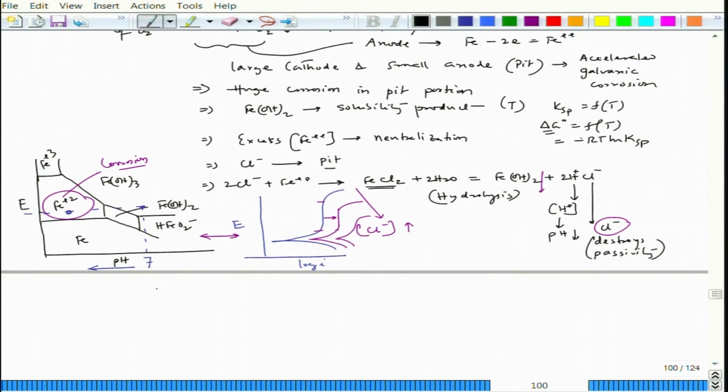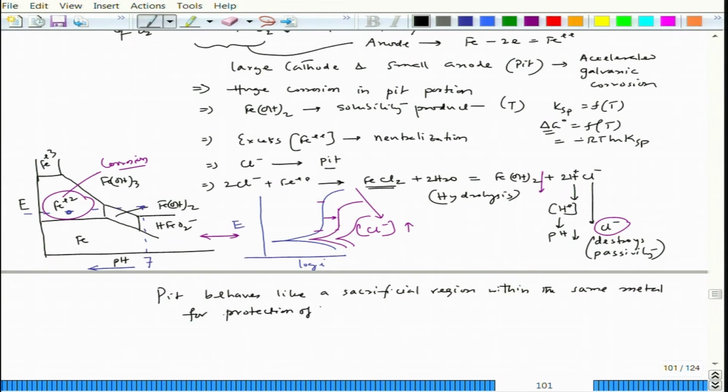So, the pit behaves like a sacrificial region within the same metal for protection of other surfaces of the same metal.